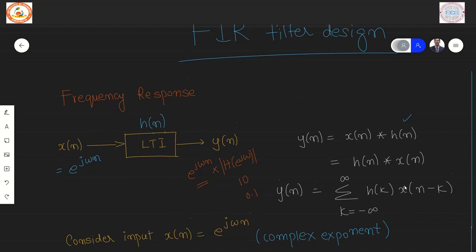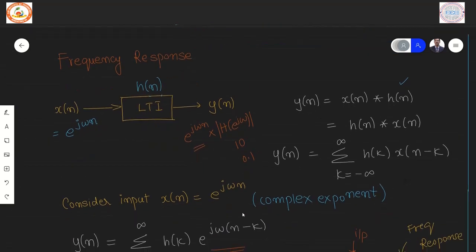Now, since we are considering the input to be a complex exponent, x of n is taken to be e power of j omega n. Now, replacing in place of x of n minus k, since the index is n minus k, it becomes e power of j omega into n minus k.